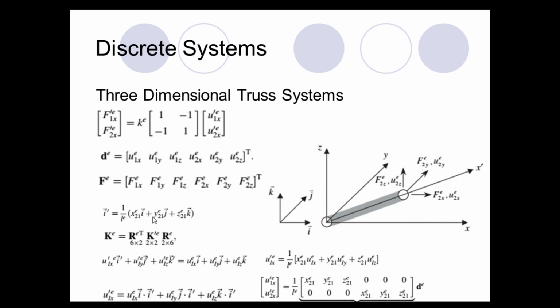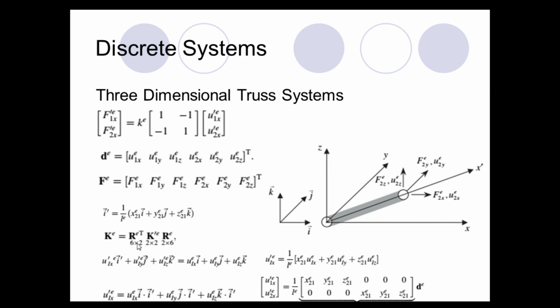These are the relative positions of node 2 with respect to node 1 in each direction, and then we divide it by the length of the element. This gives us the unit vector from the first node to the second node, in the direction of the truss system.